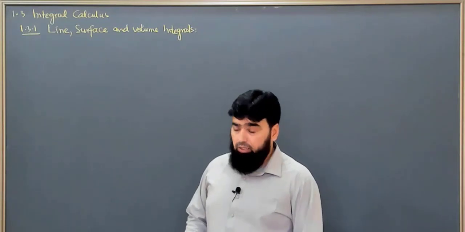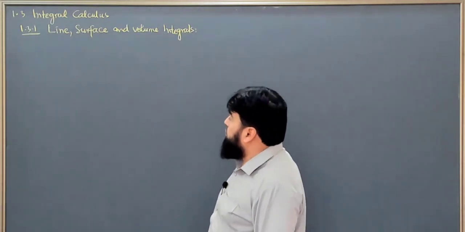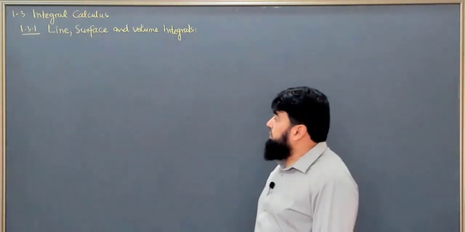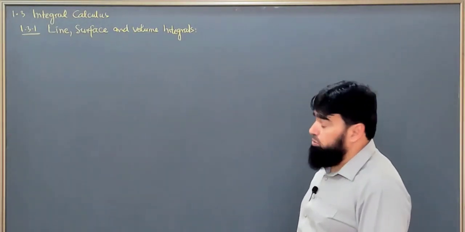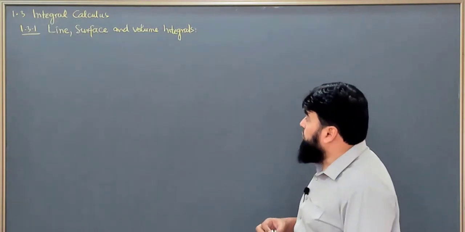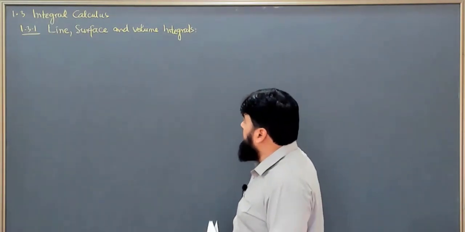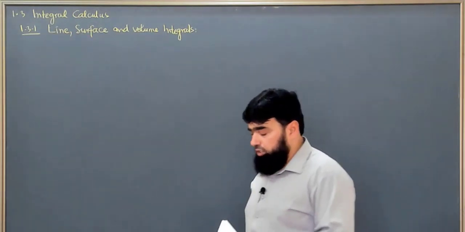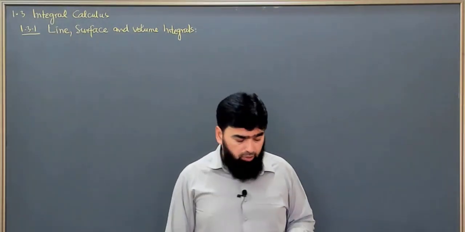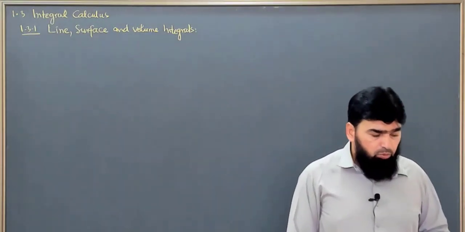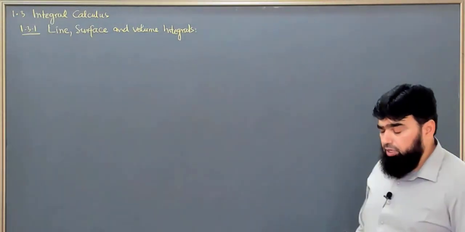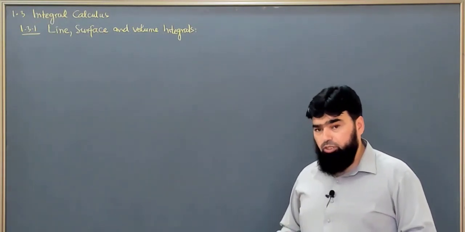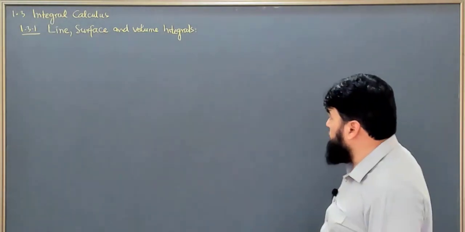Now we will discuss in section 1.3 the integral calculus, and inside this integral calculus in section 1.3.1 we will discuss the line, surface and volume integrals. We know that in electrodynamics sometimes we encounter problems that have a line geometry, sometimes a surface geometry, and a volume geometry.